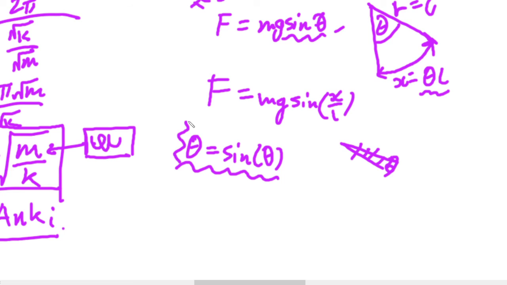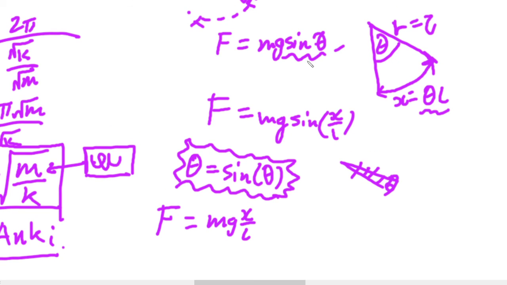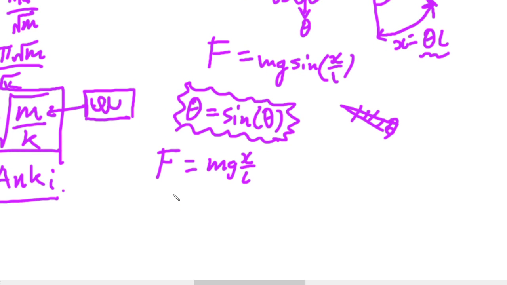So using this theta is equal to sine theta idea, F is going to be equal to mg x over L, replacing sine x over L with just x over L, as we replaced sine theta with theta.